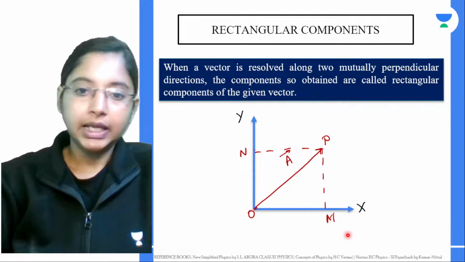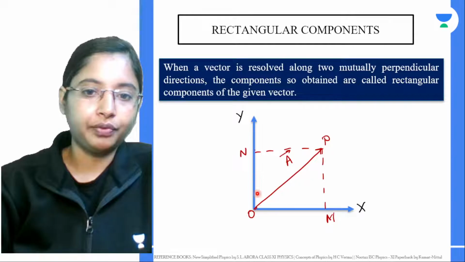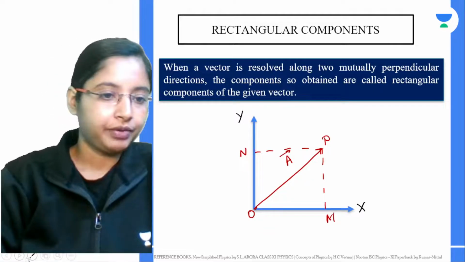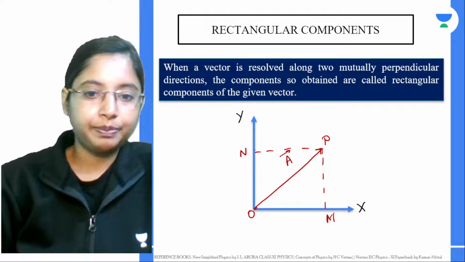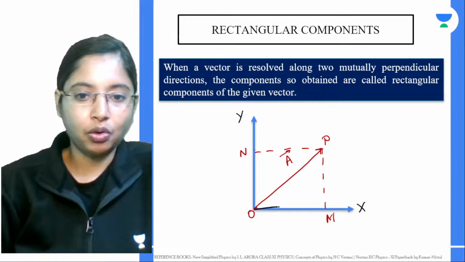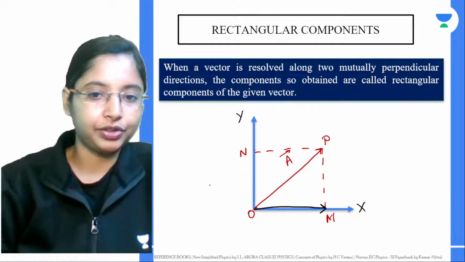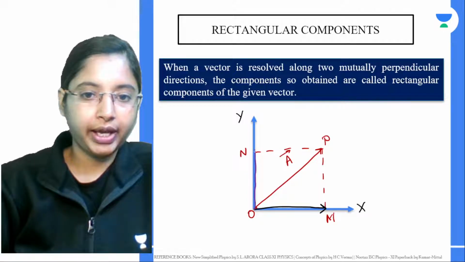Now, if you take the parallelogram law of vector addition, what can we say? According to the parallelogram law of vector addition, we can split this vector as the OM vector, and another vector which is the ON vector.